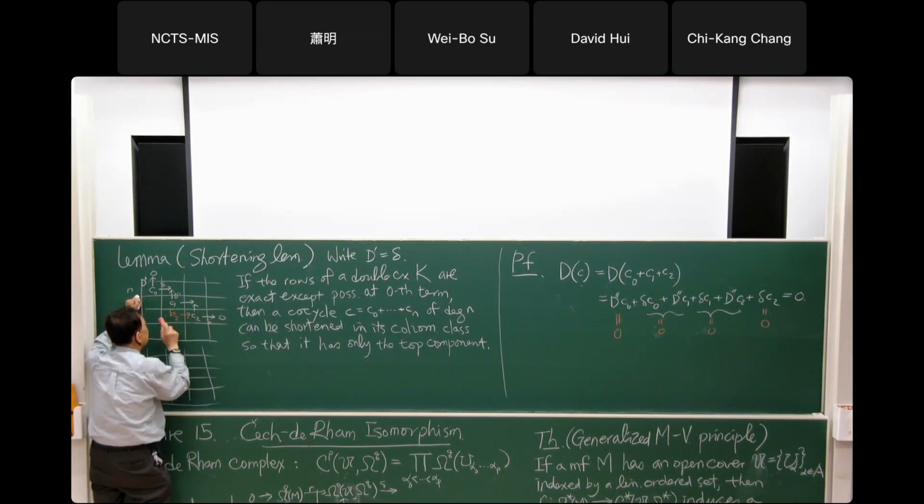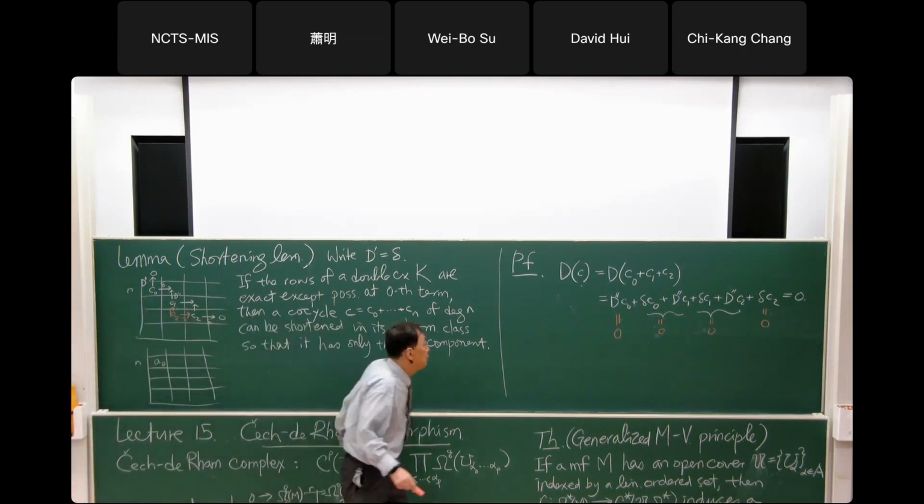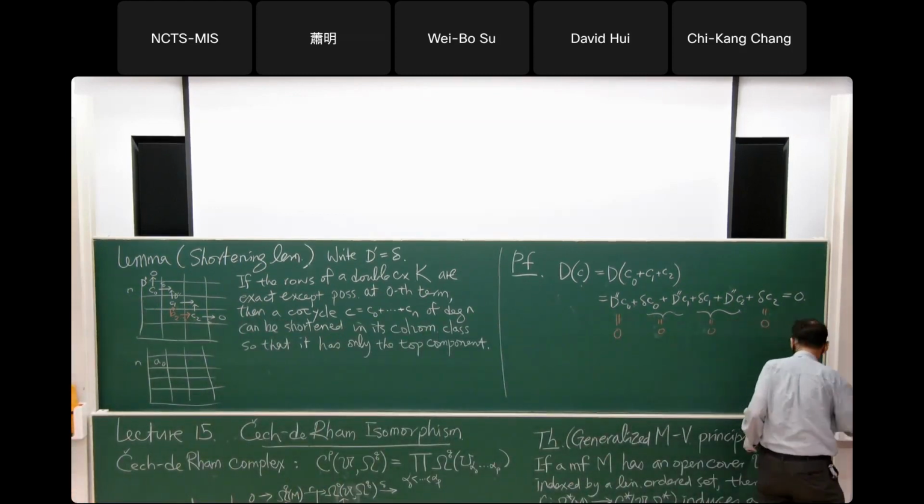And now, if I subtract big D of B2, I will get rid of this C2, right? So, okay, let me write that down.